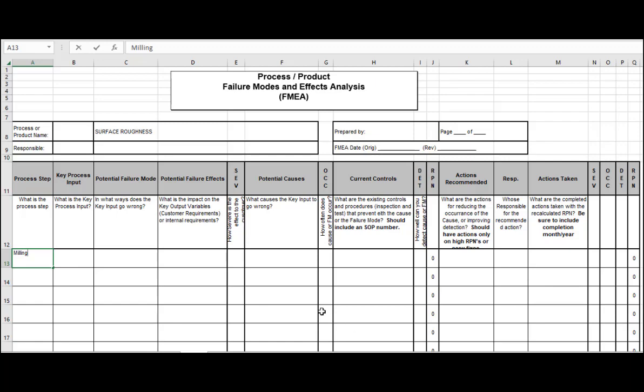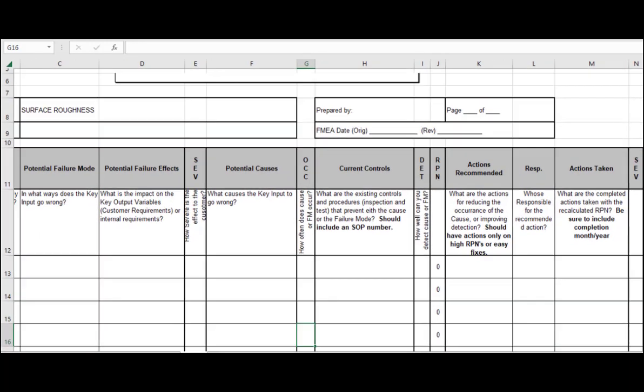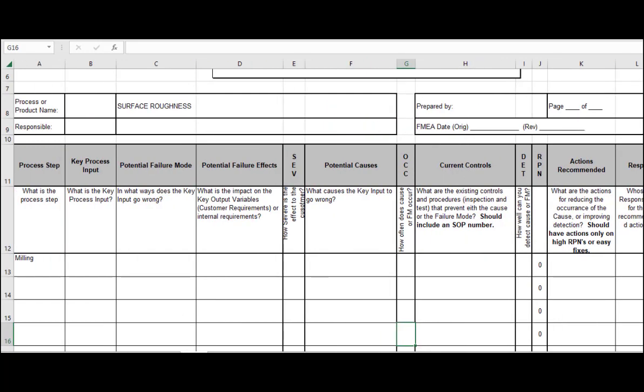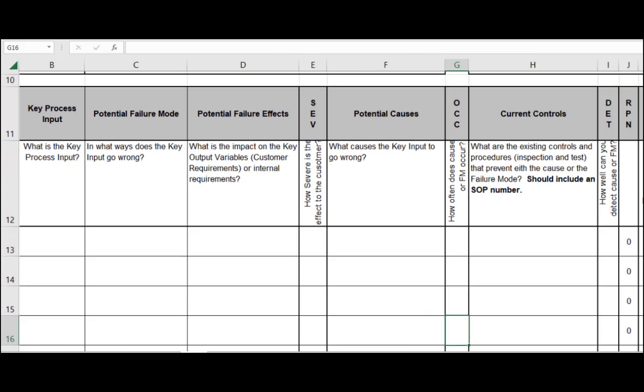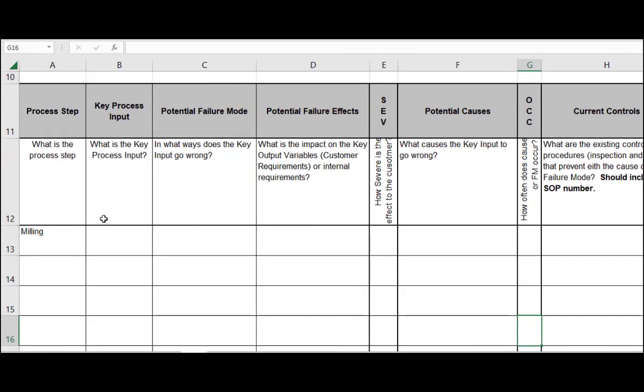Then we'll enlarge this part. What is the key process input? The key process input has been identified earlier in cause and effect. The first one is the spindle speed.